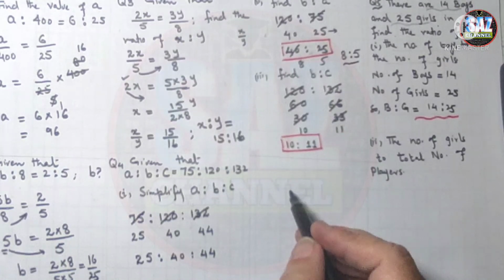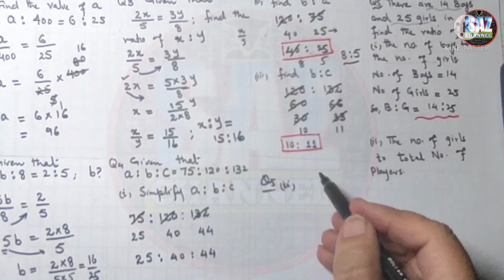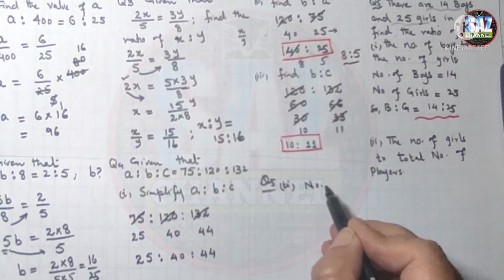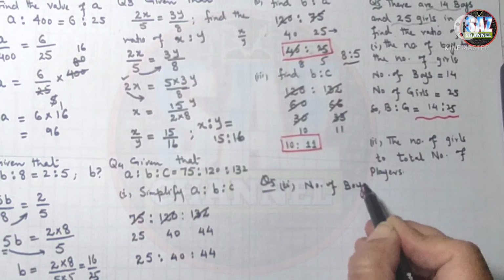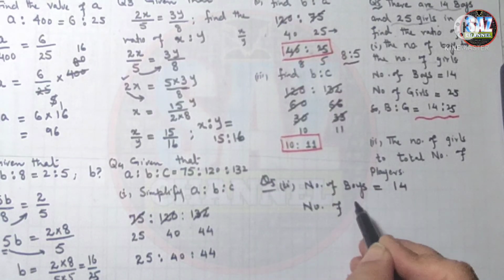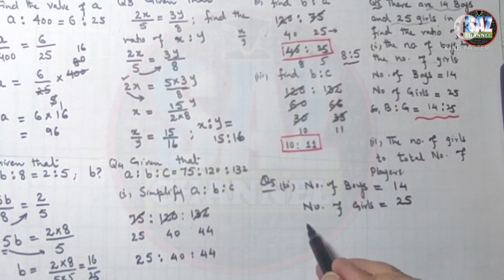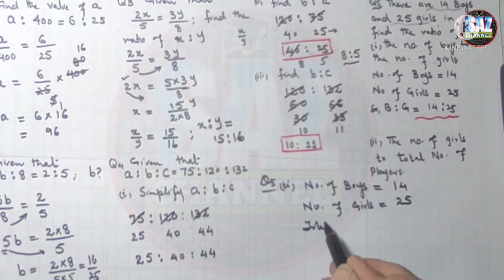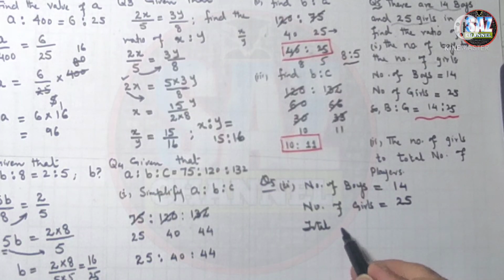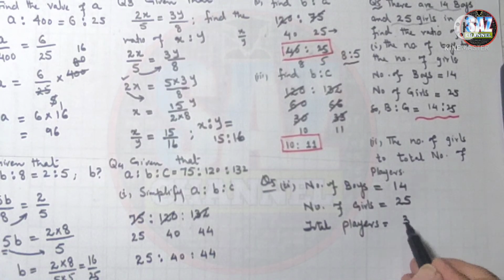So for the second part of question number 5, the number of boys is 14, number of girls is 25, and total members or total players is 14 plus 25, which is 39.